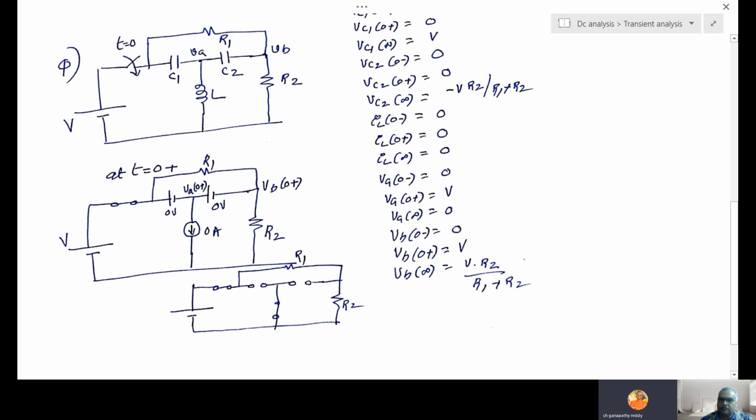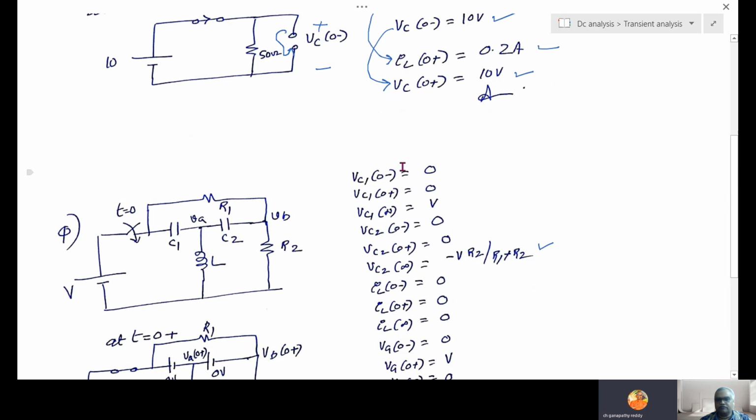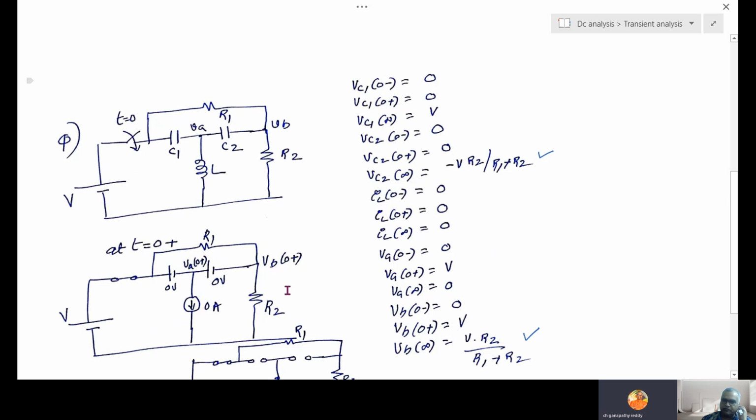But for understanding, I also answered some more questions. Problem is simple. So C1, C2, two capacitors are there, inductor is there, R1, R2, here VA, here VB.